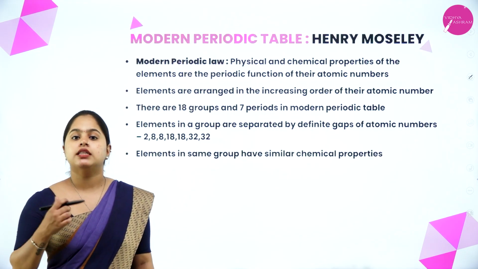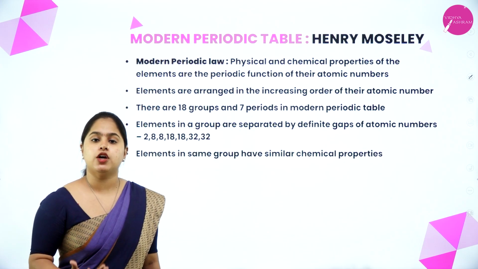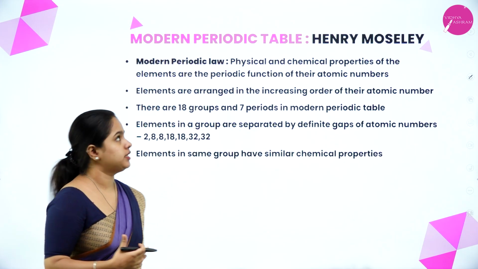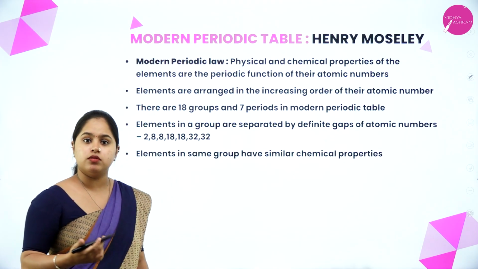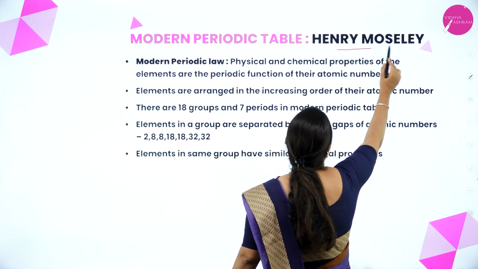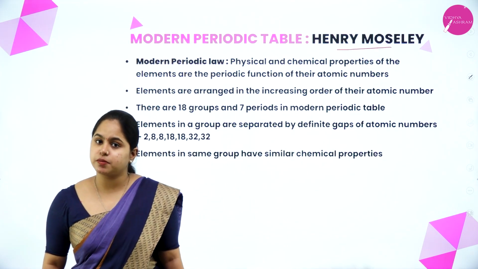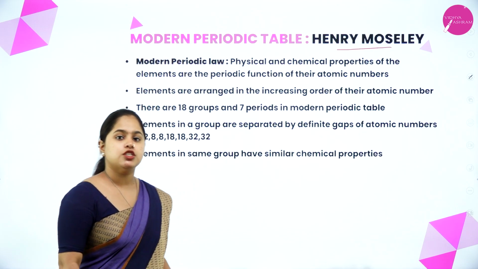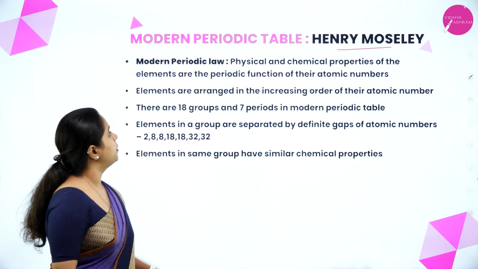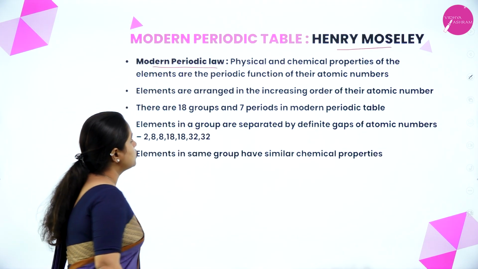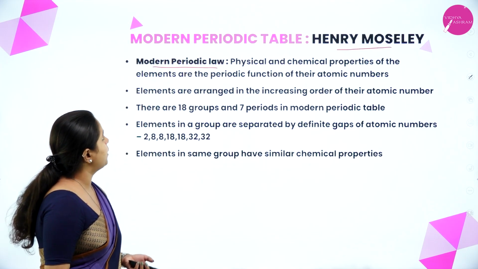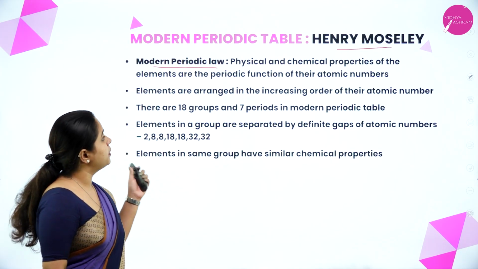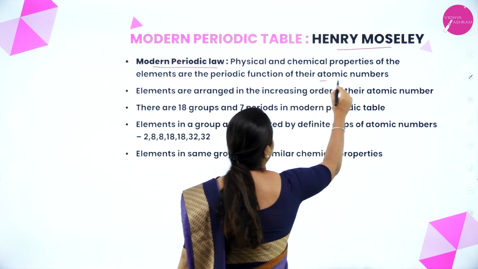So from this, the modern periodic table was formulated by Henry Moseley. This is the accepted form of classification. Before understanding that, you need to know the modern periodic law. What is it? The physical and chemical properties of the elements are the periodic function of their atomic numbers.